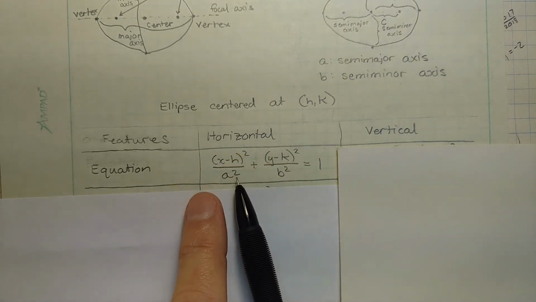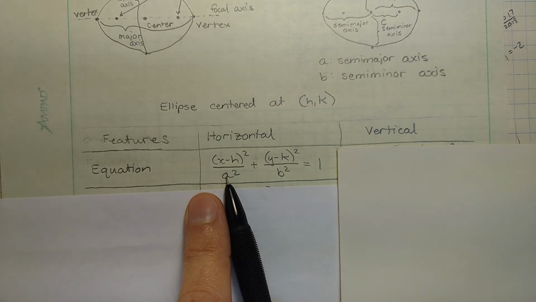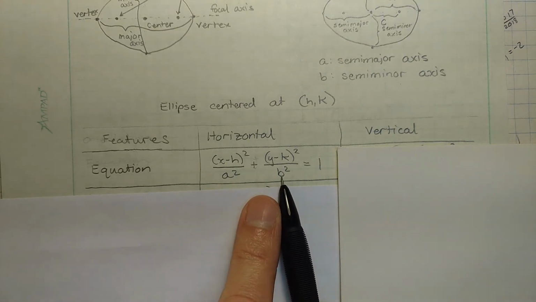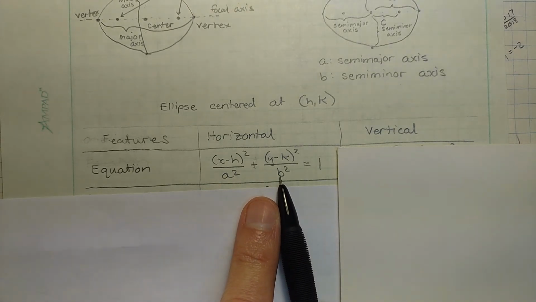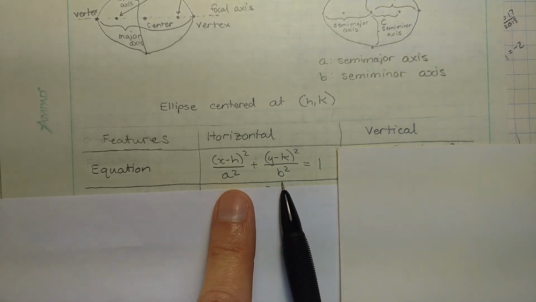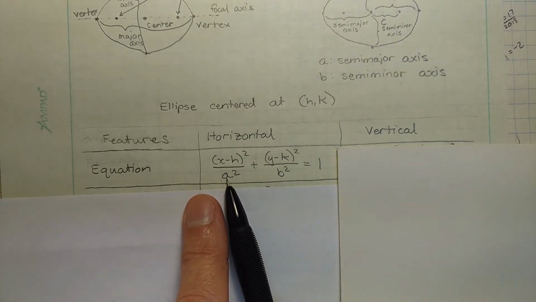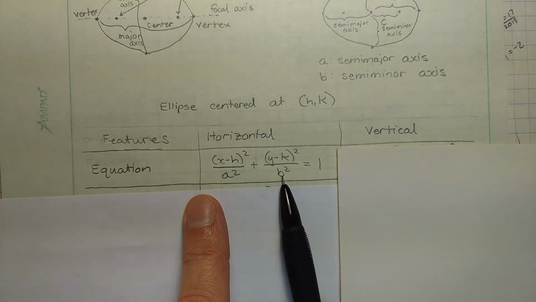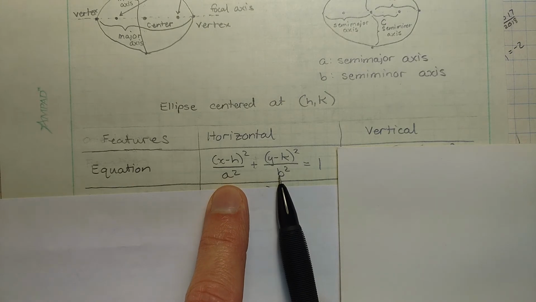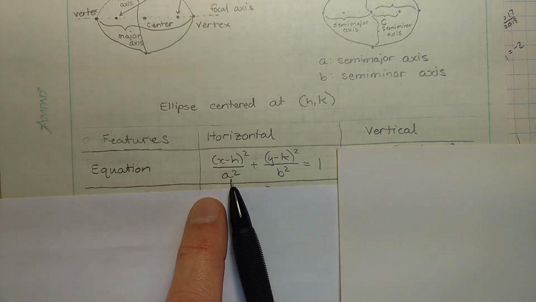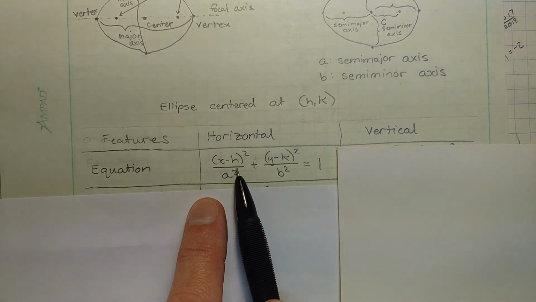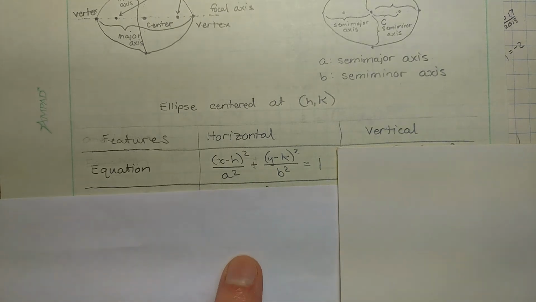But the key thing is, remember, A is the semi-major, B is the semi-minor. That means what you have to do to figure out whether it's horizontal or vertical is look for where the bigger value is. In this case, A has to be bigger than B because it's semi-major versus semi-minor. So we know that it's horizontal when the bigger denominator is under the X.